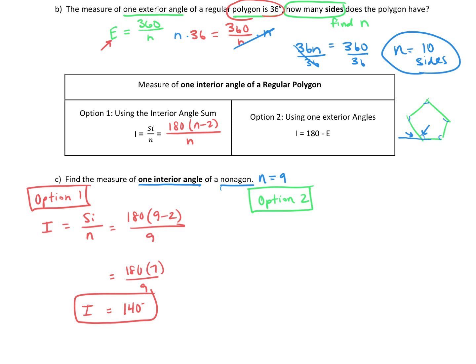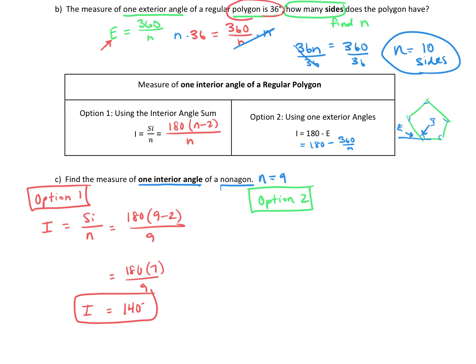You can take 180 minus the exterior angle to get the interior angle, because those are supplementary. So our interior angle is equal to 180 minus our exterior, which has that 360 divided by n. That's where it comes from: we know that an interior angle and the exterior angle will add up to 180 degrees. So if we need the interior, let's take 180 minus the exterior.